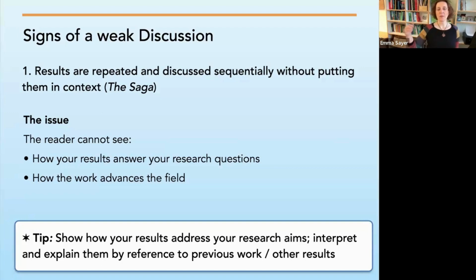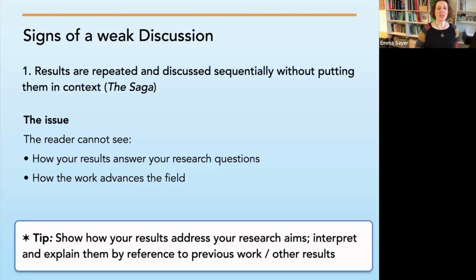So the results are basically more or less repeated. Often in some papers, the results section will be unreadable statistics, and then the actual results in ecological terms pop up in the discussion. So if the results are repeated, discussed sequentially, and not put in context, the reader can't see how your results have answered your research questions or how the work advances the field.